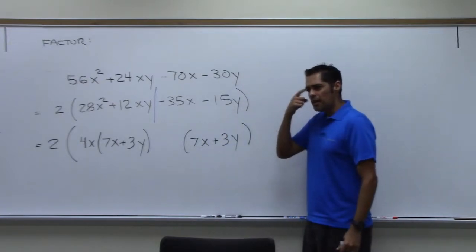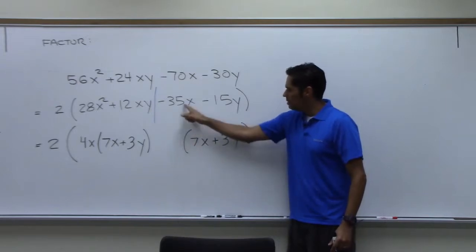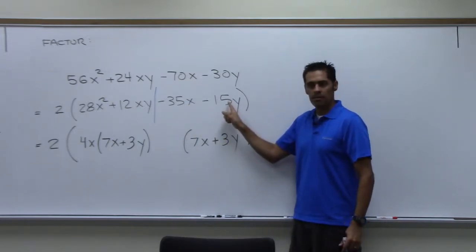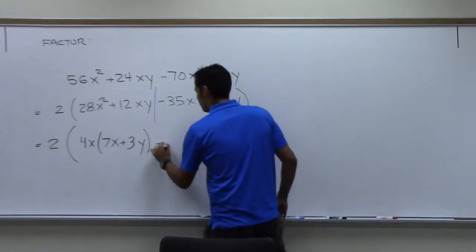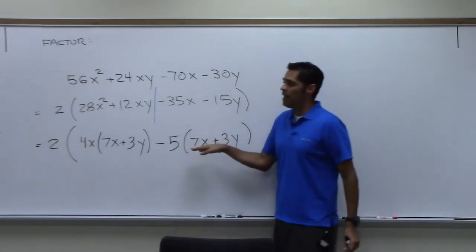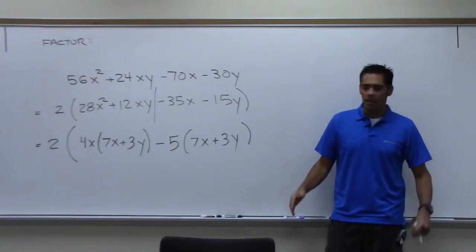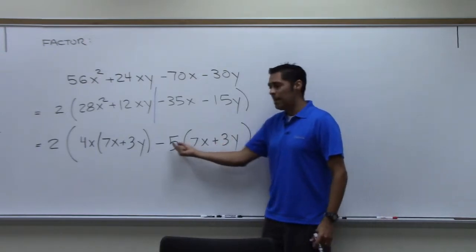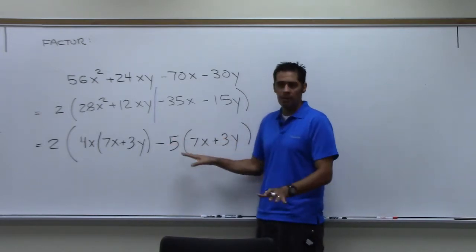And now let me try and think of something that I could put out here that would turn this into this and this into this. -5, right? Do you see the difference between that and the other way? Your choice. If you put this down here and you can't come up with a number that's going to do this, then the grouping fails.